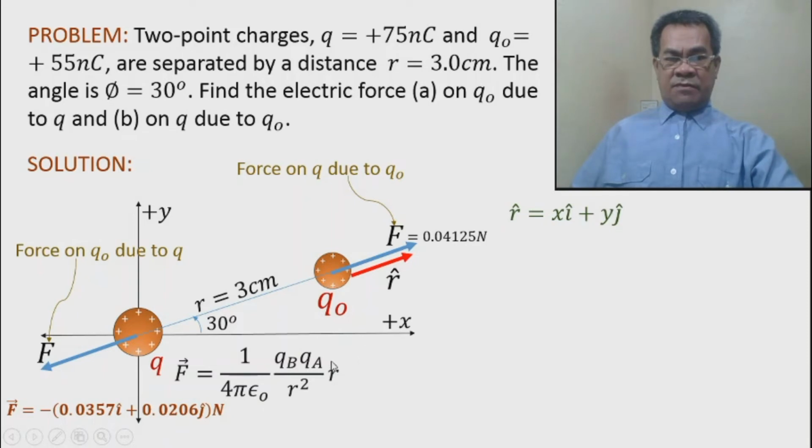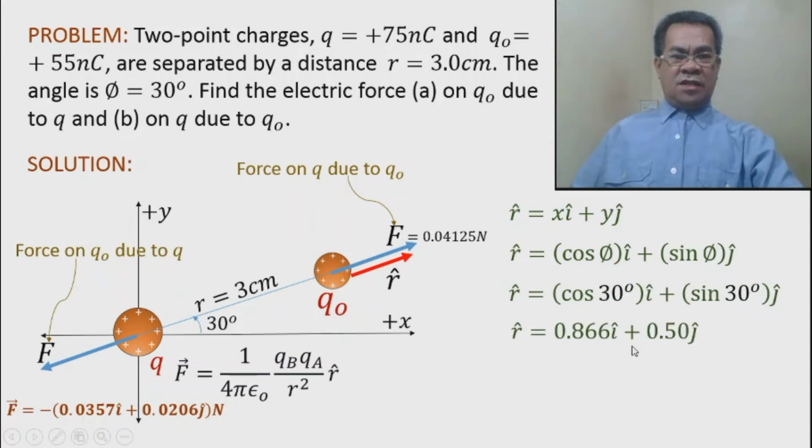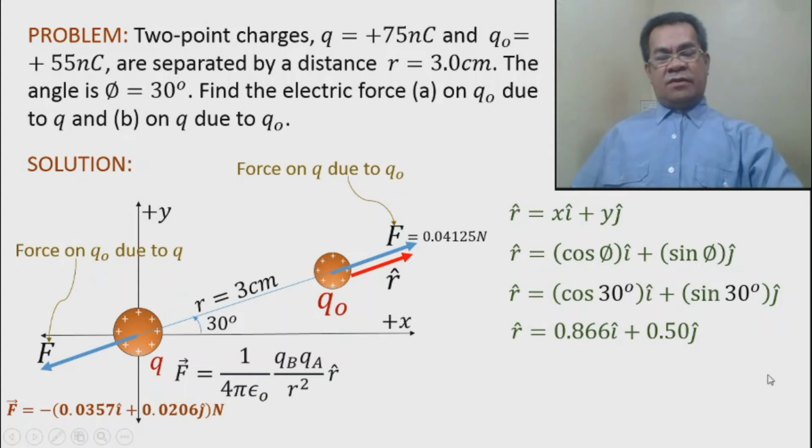You use the same formula, but this is QB, but they have the same value. So after calculating the R hat, substitute it here. So therefore, do it the same: cosine, sine, calculate. So we have 0.866 i hat plus 0.50 j hat. Almost the same as previous, but this was negative in our previous. This one is positive for x and positive for y.